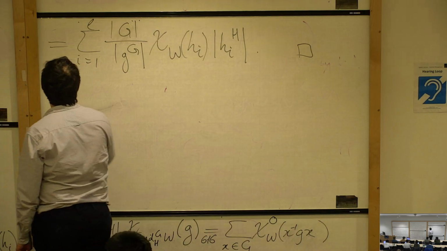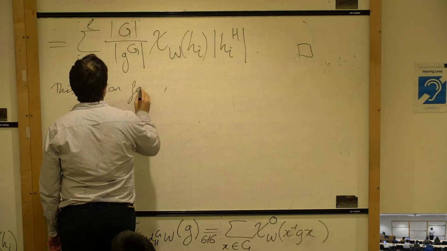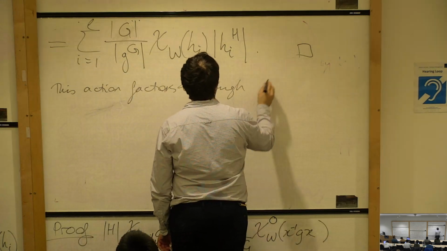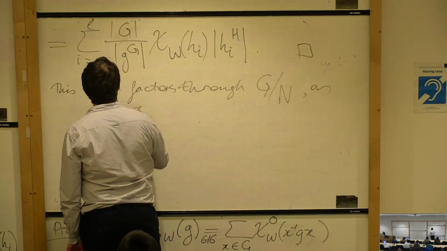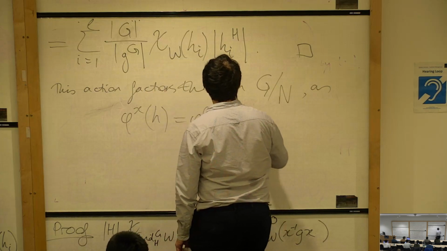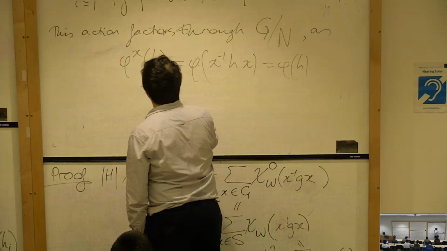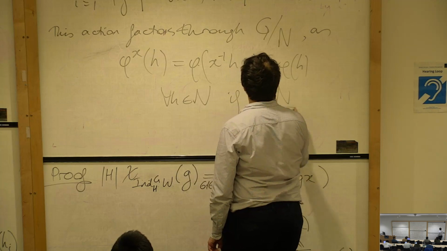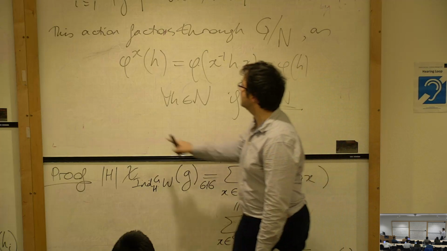So this action factors through G/N. That's phi^x(h) equals phi(x^{-1}hx) equals phi(h) for all h in N, if x happens to be in N as well. Take something in N and twist your class function on N.